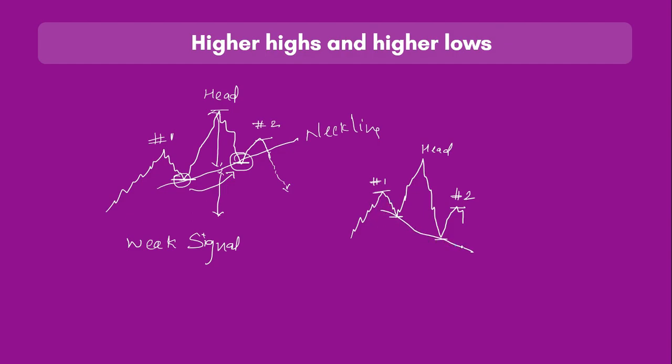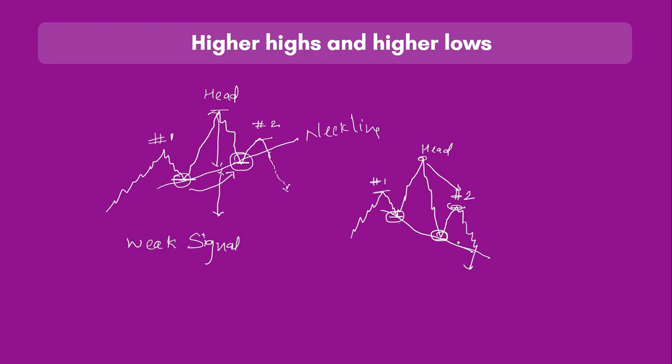The declined necklines are comparatively stronger, or I can say the strongest pattern, because here this low is lower than the previous low, so a lower low is established, and this high is also lower than the previous high, so a lower high is also established, so a clear indication of downtrend.